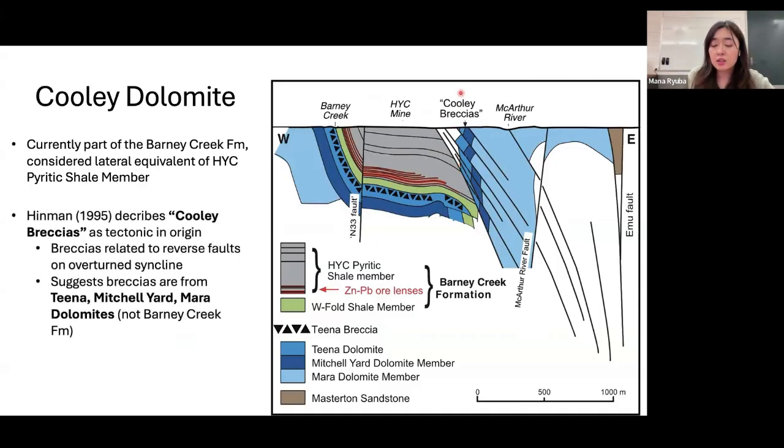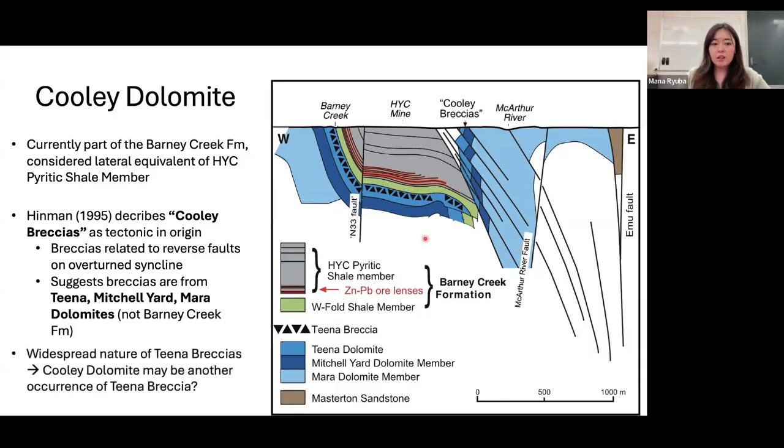But Hinman suggested that these Cooley breccias might actually be of tectonic origin. And he also suggested that the Cooley breccias were not actually part of the Barney Creek Formation, but may originate from the Teena, Mitchell Yard, and Mara Dolomites. So given what we now know about the Teena breccias, and we know how widespread they are, it seems reasonable to then suggest that the Cooley breccias are just maybe another occurrence of the Teena breccias.